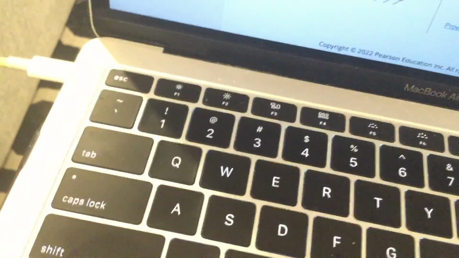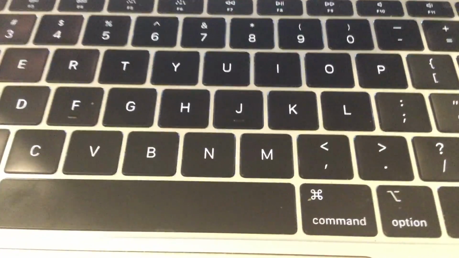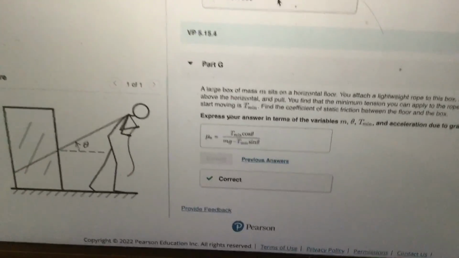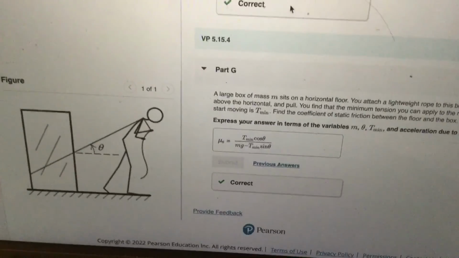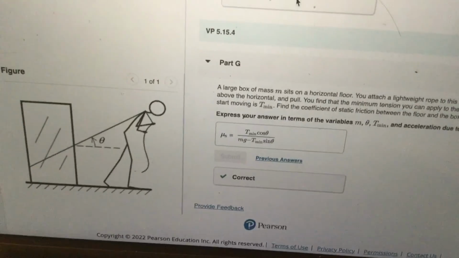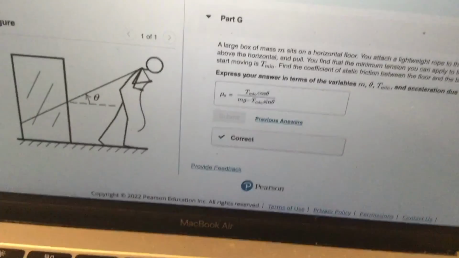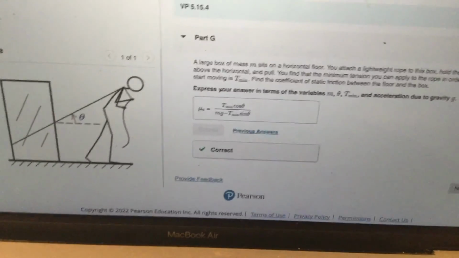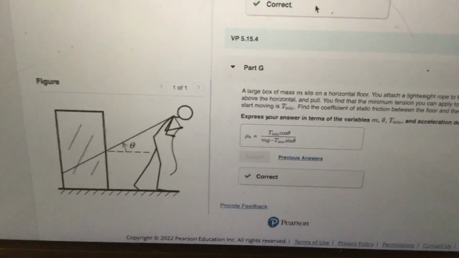And as you can see, that is the answer: T min cosine theta over mg minus T min sine theta. And that's all. Thank you for listening. Have a nice day, Professor.